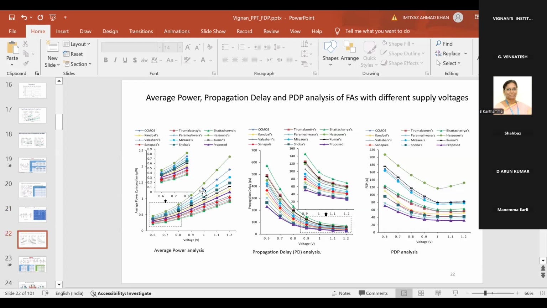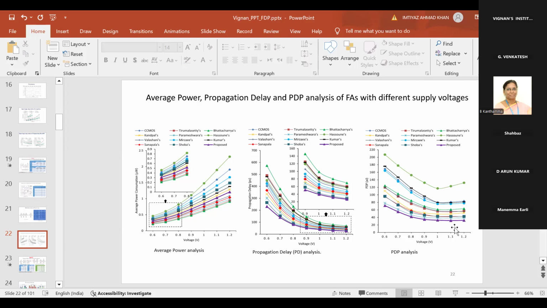Also, the power delay analysis of this input. When power is low, current is low, so at that time your dynamic power is also low. But when the input voltage is low, your propagation delay is high because of the low current, so charging and discharging time is high. That's the reason your delay will be high at low power.